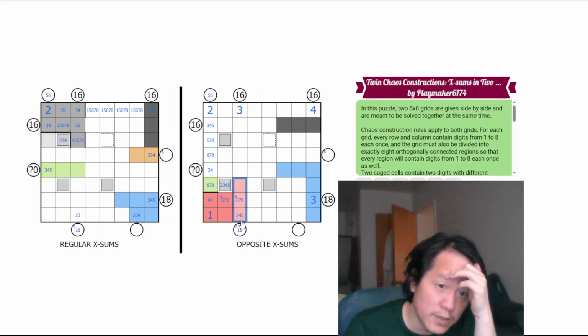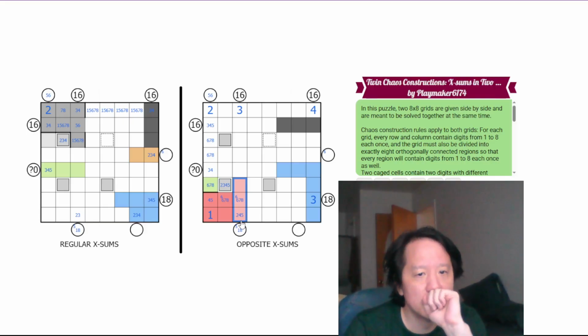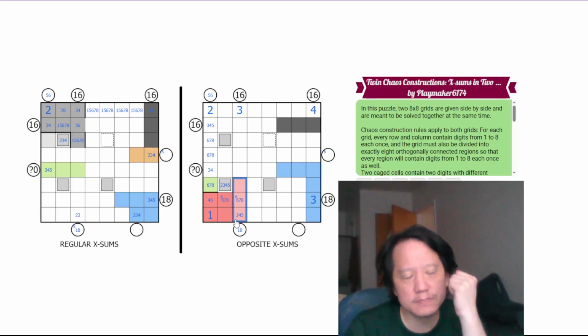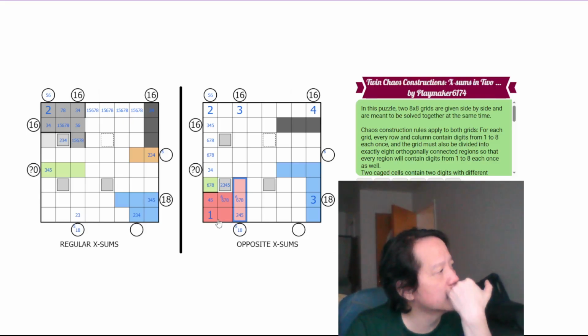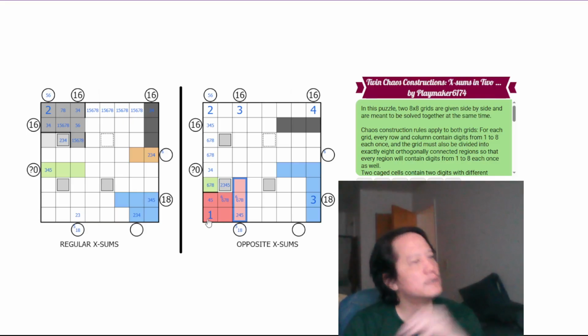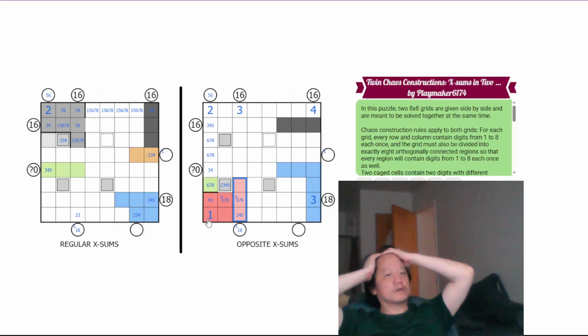For 3 here to add up to 16 without a 3. Can we have 2? 2, 6, 8 does work.